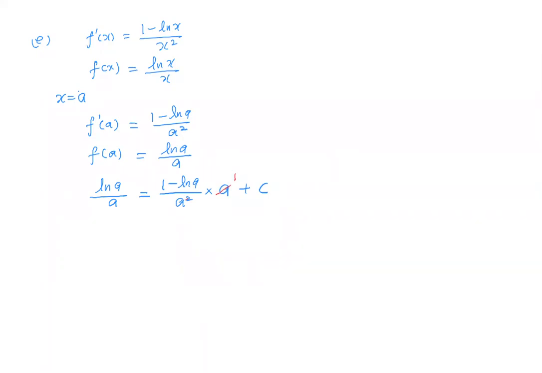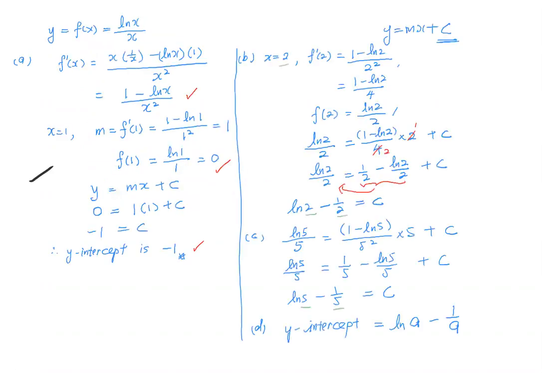I have a question. For question C, you wrote ln 5 over 5 plus ln 5 over 5 equals ln 5, but I thought it's 2 ln 5 over 5. Wait. Half ln 2 is equal to ln 5.